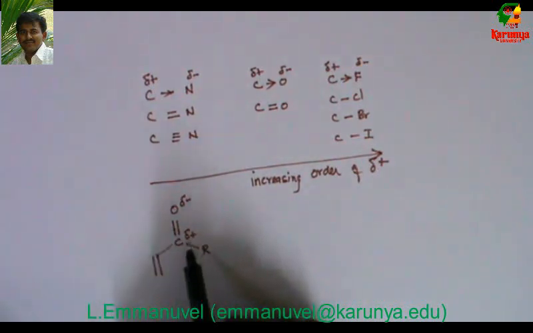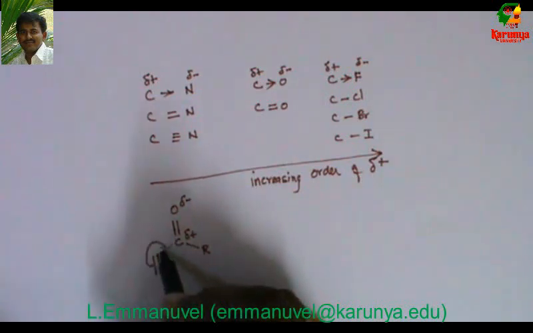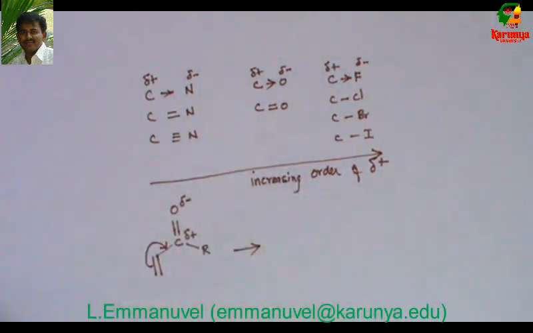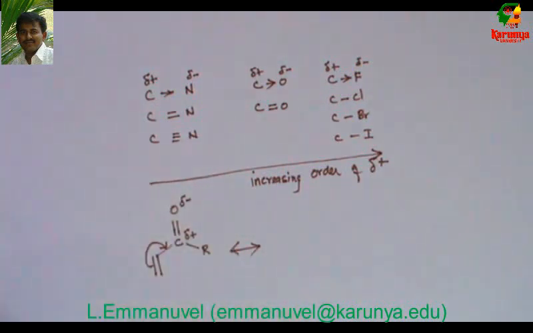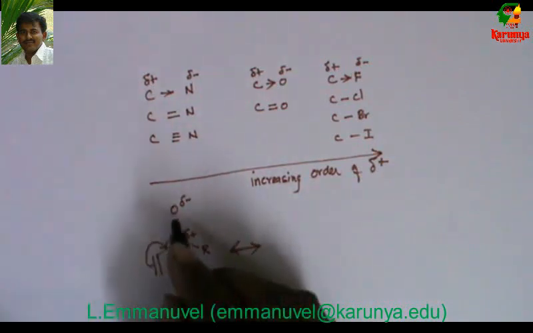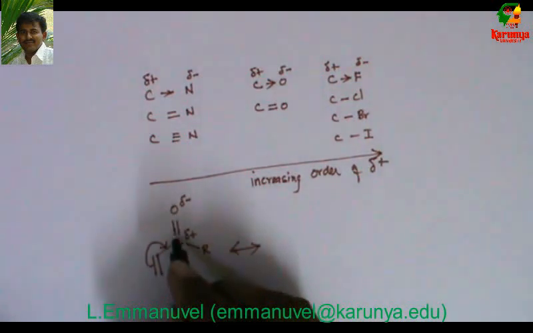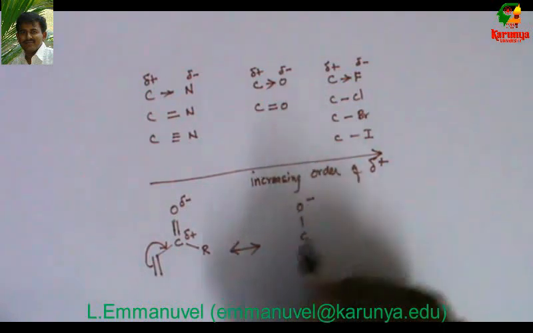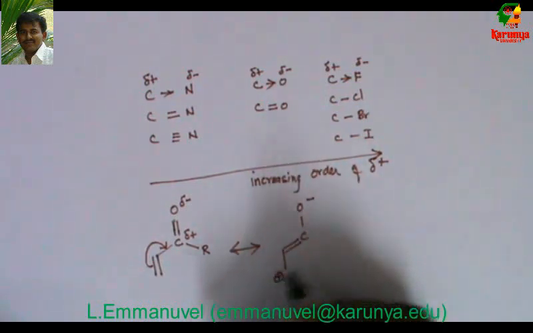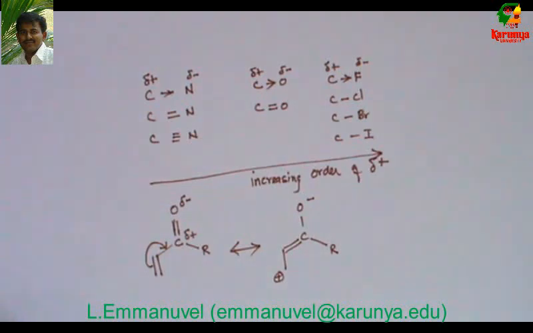Since there is del plus, similar to the earlier case, this bond falls here. When it falls here, the valency becomes 5. The number of bonds to this carbon becomes 5. But carbon valency should be only 4. Since the oxygen atom is more electronegative, it takes one of this bond, and what we get is this one.